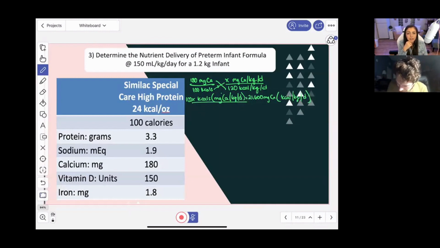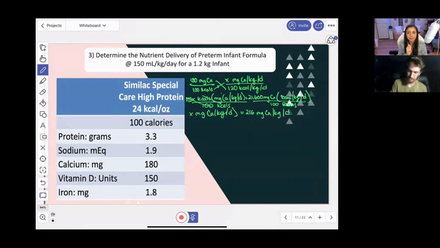And now we're going to solve for x. So we're going to divide by 100 kcals on each side. And the 100 and kcals are going to cancel out. And then that's going to leave us with 216 milligrams of calcium per kilogram per day. Voila, we have our calcium.